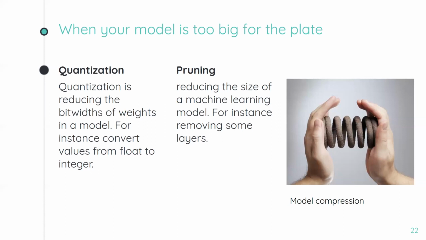Now, I've talked a lot about the problems, the roadblocks. Now I need to talk about some solutions. One of the major solutions is you need to reduce the size of a machine learning model so that you can put it on an IoT device, like a Raspberry Pi. So we have what we call quantization. Quantization is the process of reducing the weight.